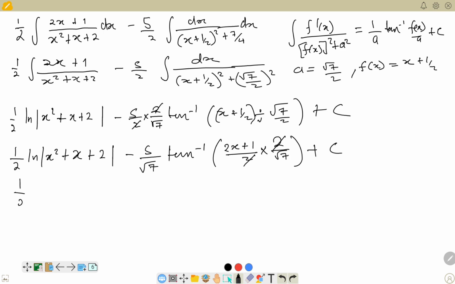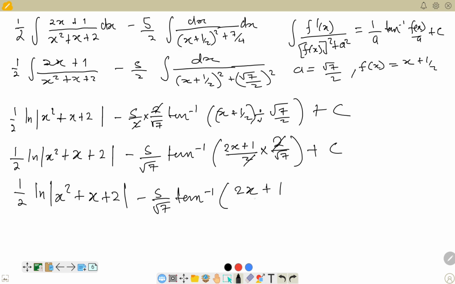Then I will end up having 1 over 2 ln x squared plus x plus 2 minus 5 over square root of 7 arctan, then 2x plus 1 over square root of 7 plus c. So we have successfully used the method of alteration of the numerator to integrate.